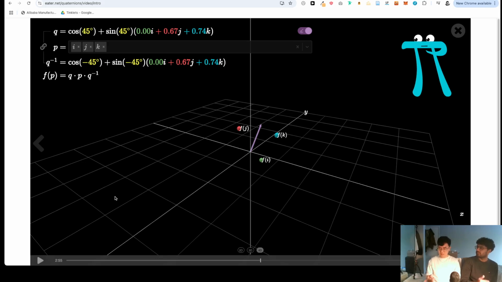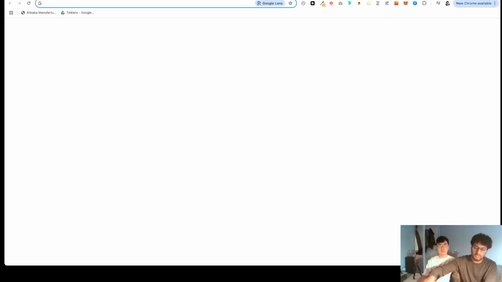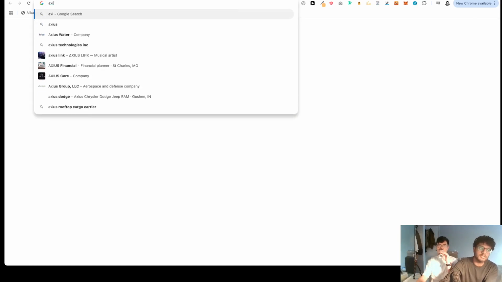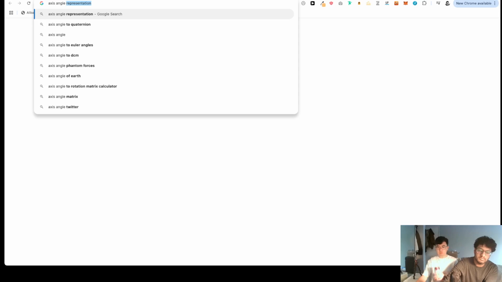How do you know it's like that or like that? 1 0 0, because 1 0 0 points out this way. So then the angle's about that plane, right? Oh, that's how you do it. But how do you know it's like that or like that? If you look at a picture, it'll be useful.